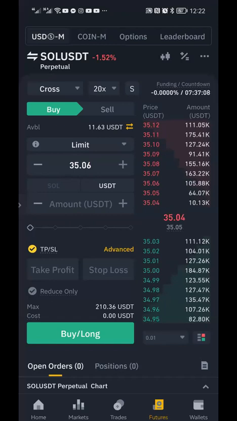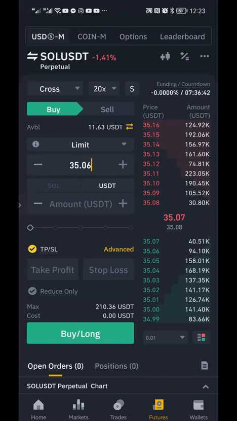Previously we selected isolated. It now turned to cross. We selected 10x. It now turned to 20x. That's why I said in most cases the default is what? 20x, right?